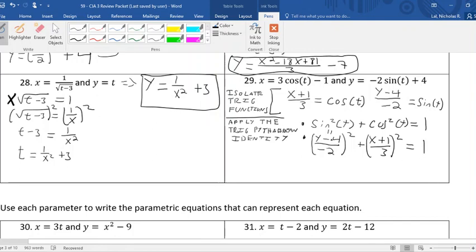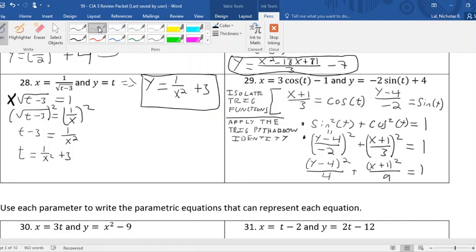Now, y minus 4 over negative 2, squared, becomes y minus 4 squared over negative 2 times negative 2, which is 4, plus x plus 1 squared over 9 is equal to 1. And so this is our final answer.